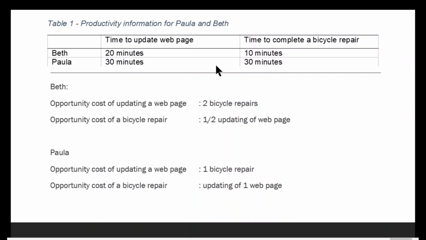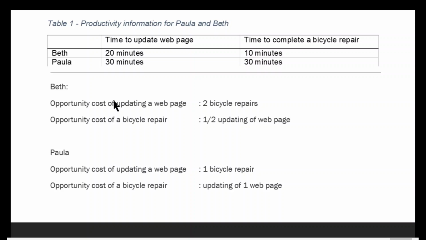Now, looking at the available data, do you think Beth should become a programmer instead of being a bicycle repairer? So let's look at the opportunity cost. Who has a lower opportunity cost of updating a web page?